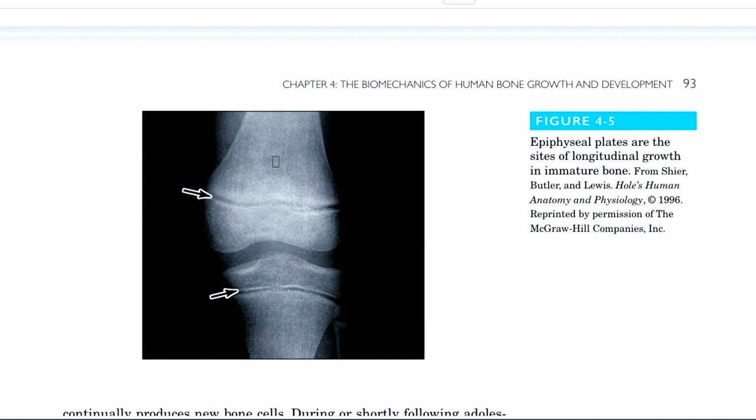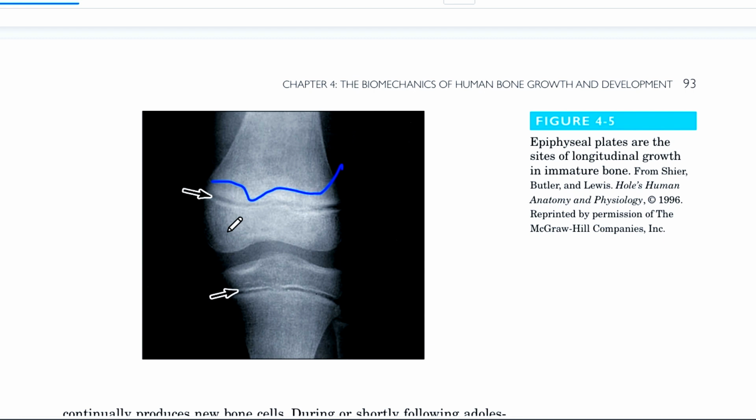Simple as that. This is the area connected to the shaft, continuously working on getting longer, pushing the ends farther apart, so that these ends go away from each other. In the end, your bones increase in length.